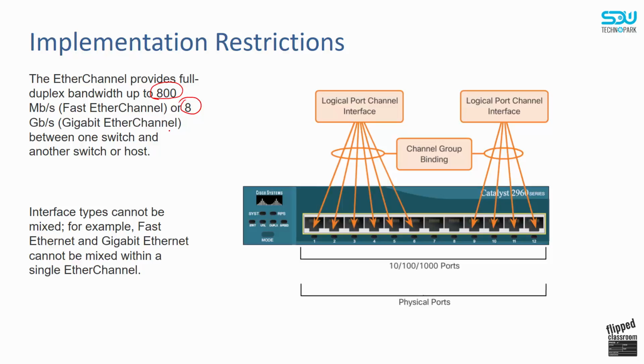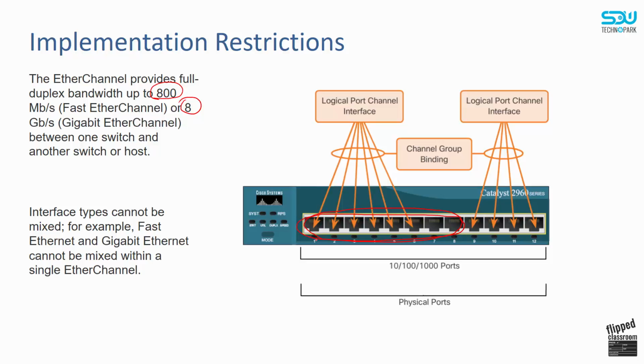Like if you have ports which are working with 100 megabits per second, for example 1, 2, 3, 4, 5, 6, 7, 8, let's say, when you want to create a single group from this set of ports, you have to be sure that all of these ports are working with the same speed. You have to be sure that all ports are working with the same VLANs.